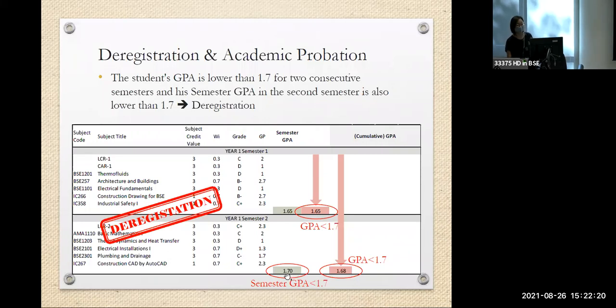Okay, maybe 1.69, lower than 1.7. So the cumulative GPA is 1.68. So 2 semesters with GPA lower than 1.7, and the semester GPA is also lower than 1.7, then deregister.